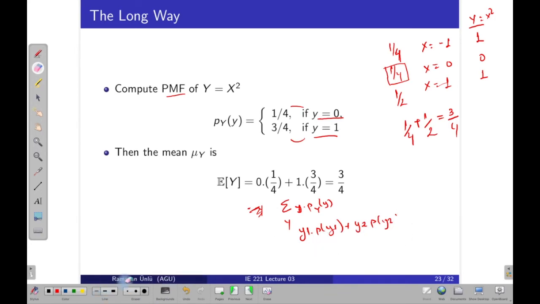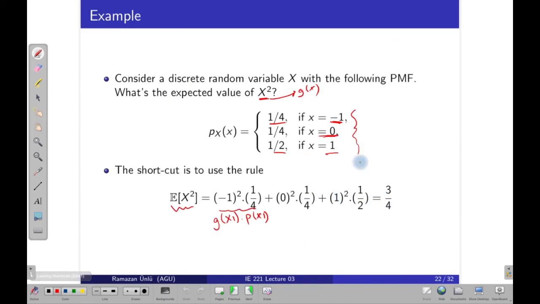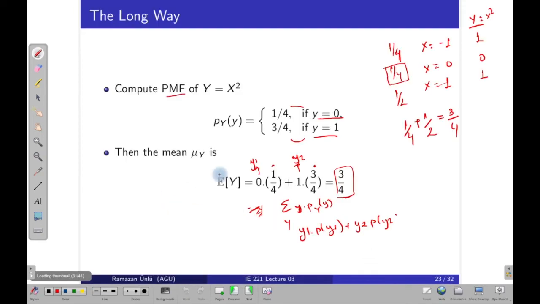So actually this is what I did here, right? This is y1 and this is y2, and these two are the corresponding probabilities. So the result is 3 over 4. So this is actually what we did here, the same result. Okay, so based on your personal choice, you can use this formulation or this one, right?